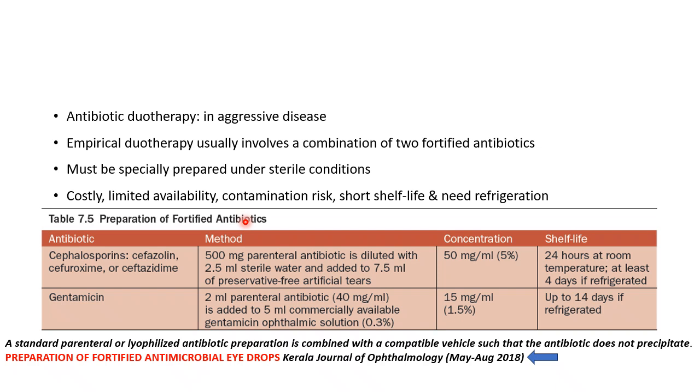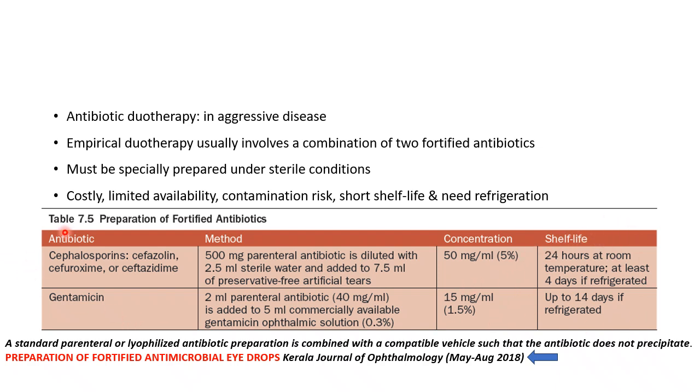Preparation of fortified antibiotics. Now, in this table, I've shown you only the basic ones. Since we commonly use a preparation of fortified ceftriaxone for gram-positive coverage plus gentamicin for gram-negative coverage, I have only discussed the method of preparation of these fortified antibiotics over here. This is the concentration. Please, you must remember at least the concentration of these cephalosporins and gentamicin, and this is the shelf life.